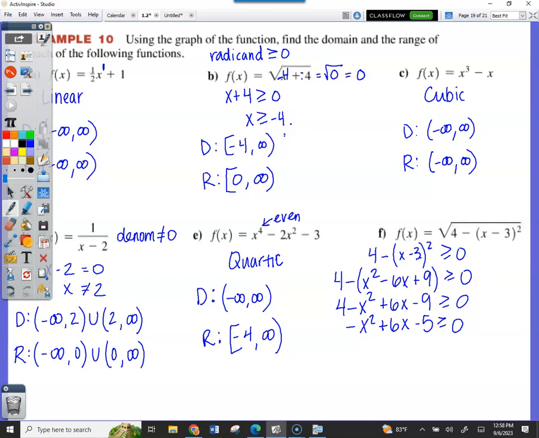The proper etiquette is to get the leading term positive. So I would do what with the entire thing? Divide by negative 1. I can either divide by -1, or the beauty of -1 is I could multiply by -1, and it's the same concept as dividing by -1.